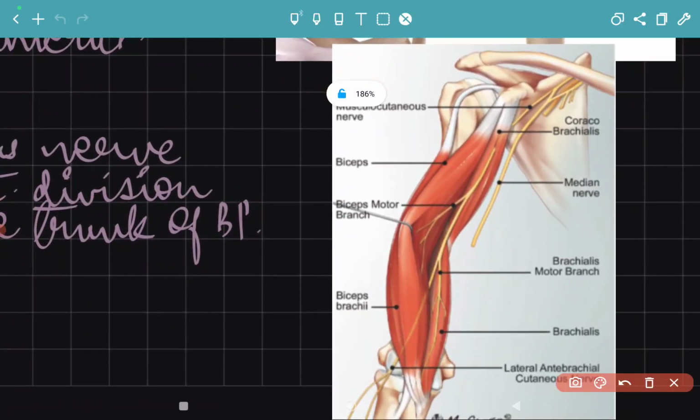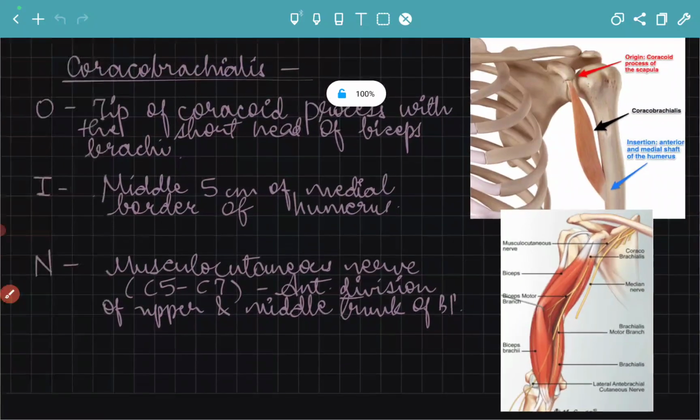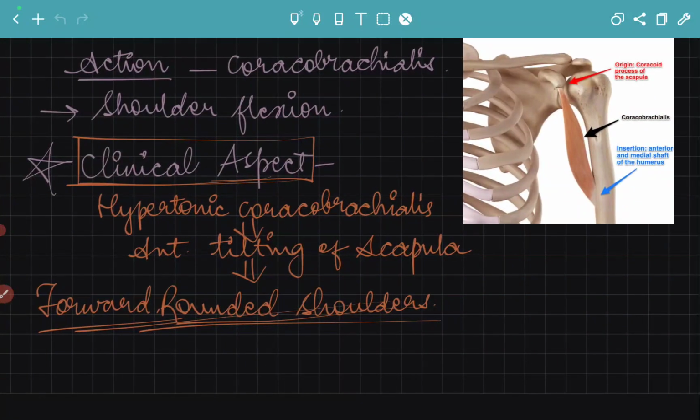This is the coracobrachialis muscle over here, and from the anterior division of the upper and middle trunk the musculocutaneous nerve arises and innervates it, going this way to continue. This was about the origin, insertion and nerve supply of coracobrachialis.